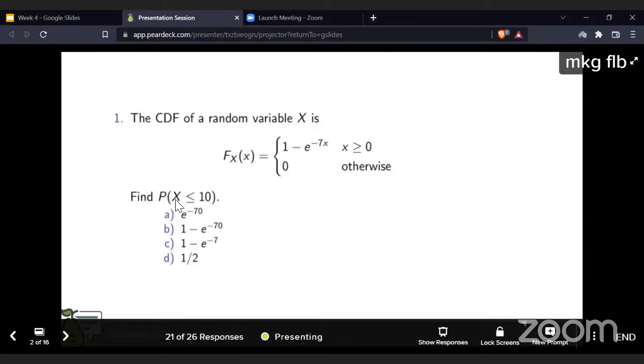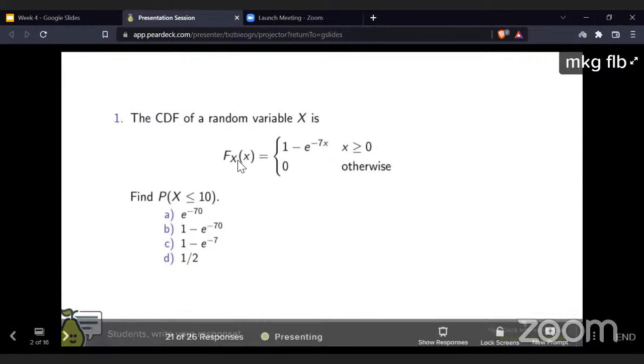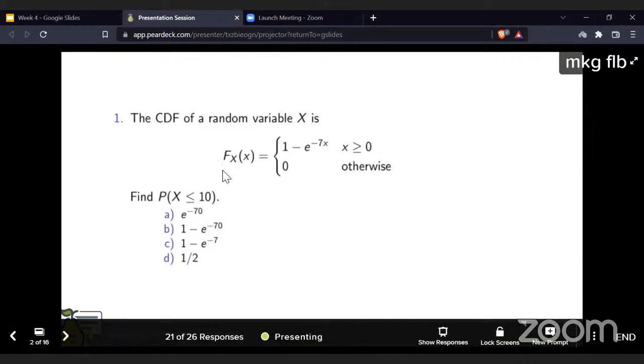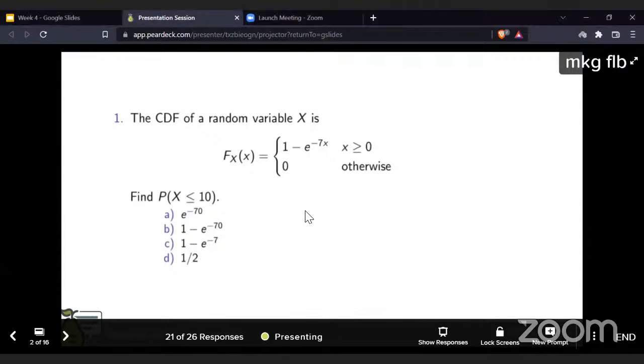Okay, you want to integrate the function to find the probability. But you integrate the PDF, not the CDF. You integrate the PDF, you get the CDF. So you'll have to differentiate the CDF first to get the PDF, and then you can integrate. Okay, fine, ma'am. Thank you, ma'am.